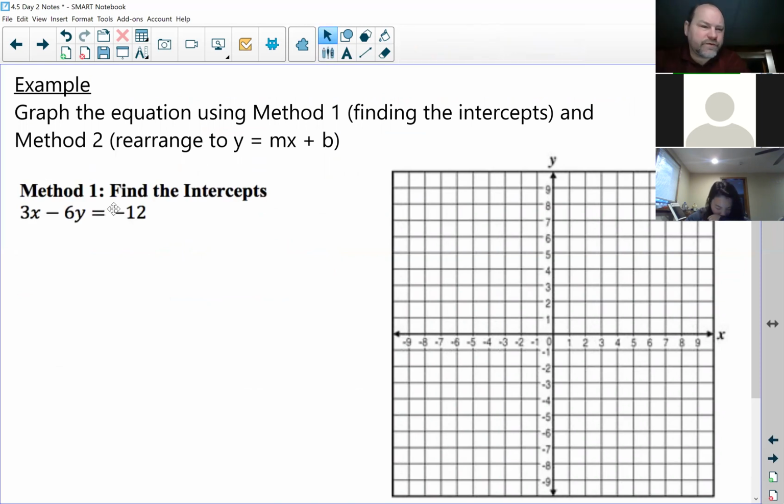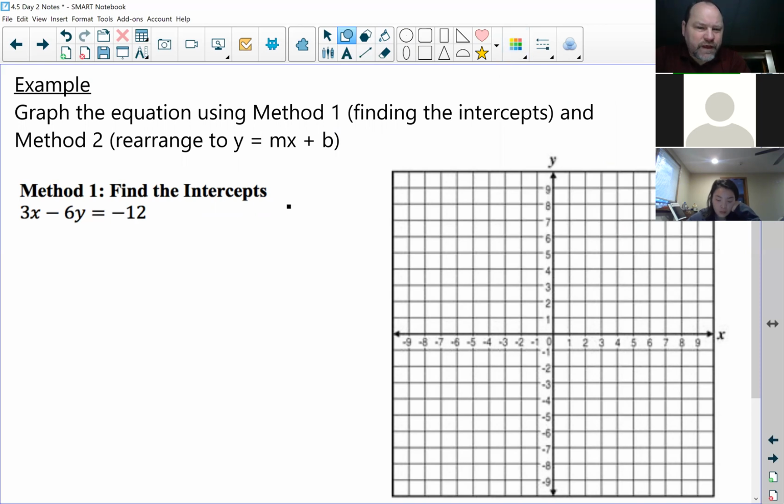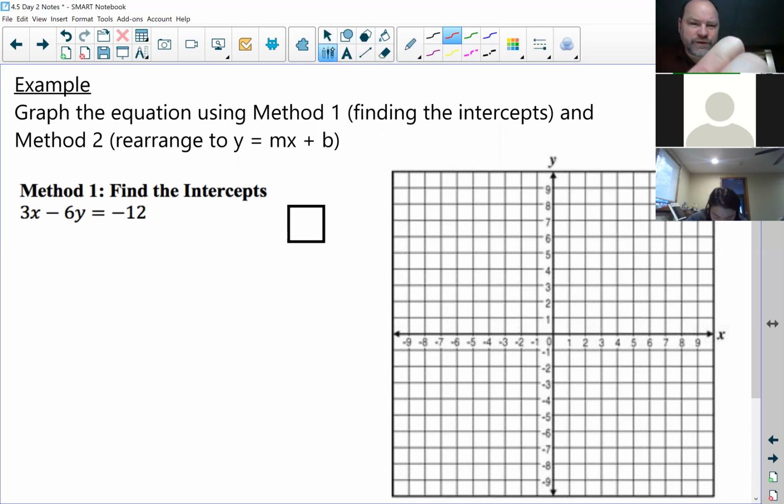So this first example, we are going to graph using the intercept method. I like to call it the cover-up method, just because that's kind of what we're doing. So what I like to do is I draw a little box on my smartboard because I think it shows the cover up a little bit easier.